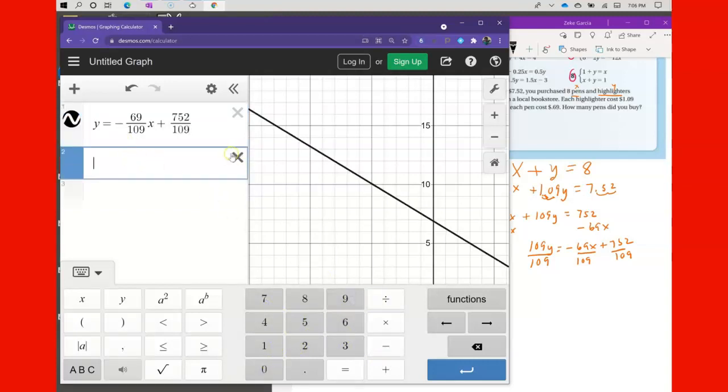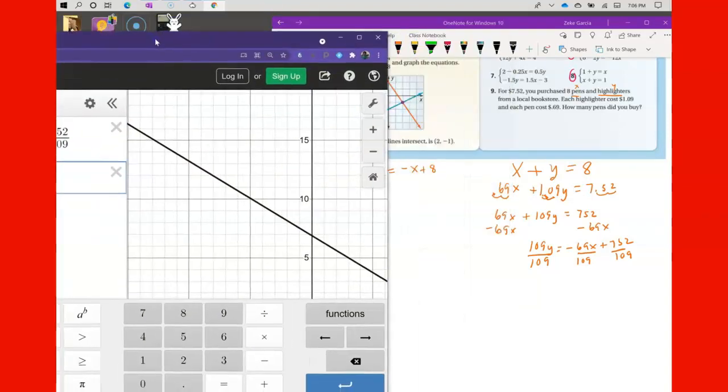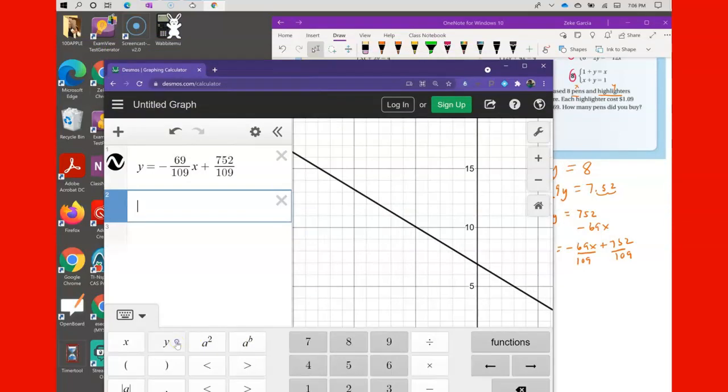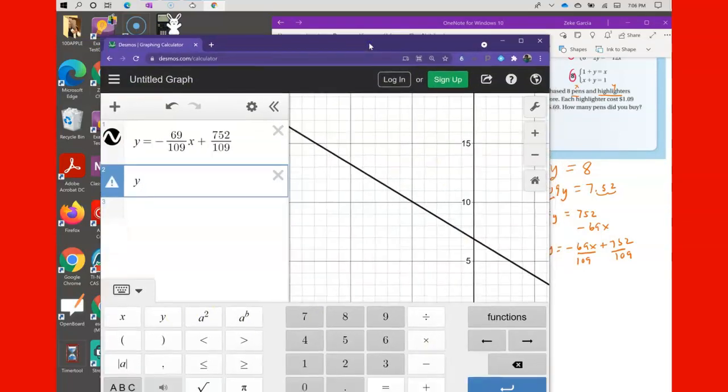Okay. The next equation, we had y equals negative x plus 8.